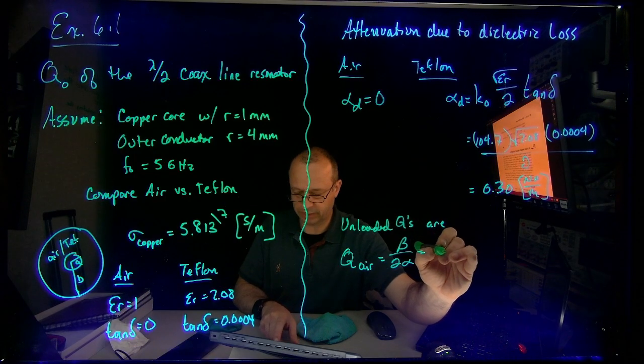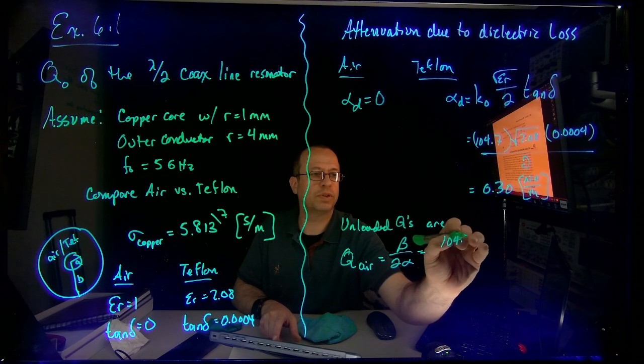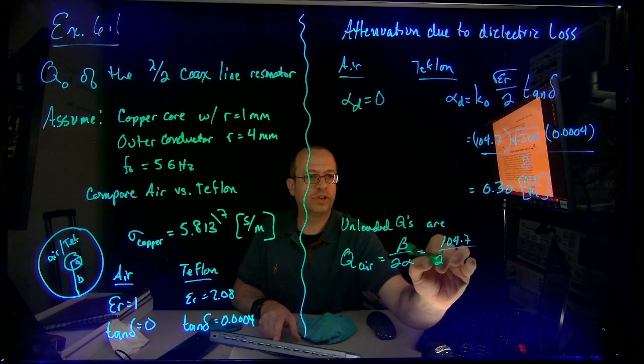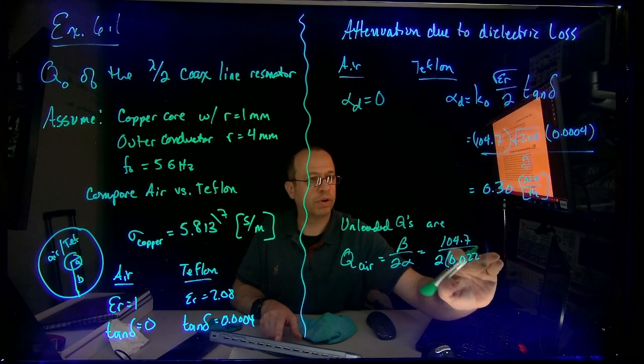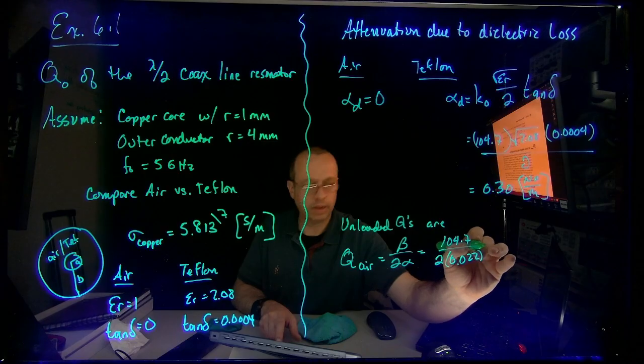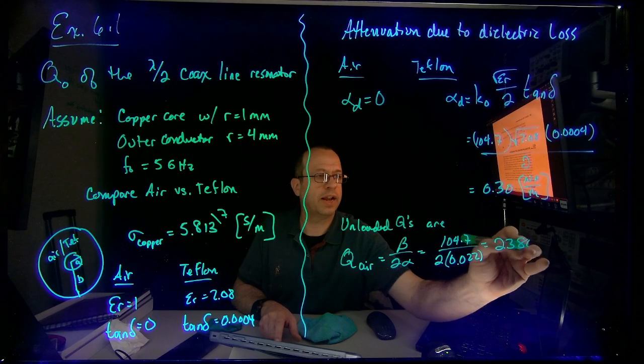So this ends up being 104.7 over 2 times 0.022, and that is 2380.